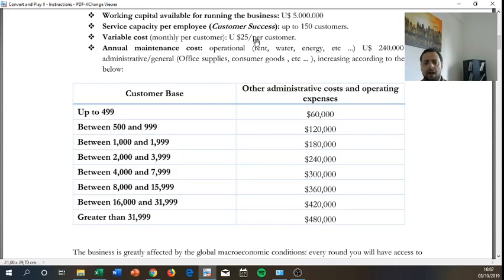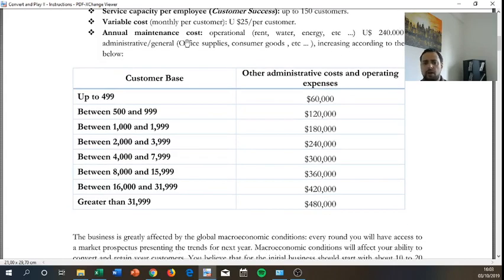And also you have the operational costs like rent, water, and energy, and this is something like $240,000 per year. And you also have other administrative and general costs, and these costs will increase as the number of customers increases. So here you can see that the cost will increase if you have a lot of customers.